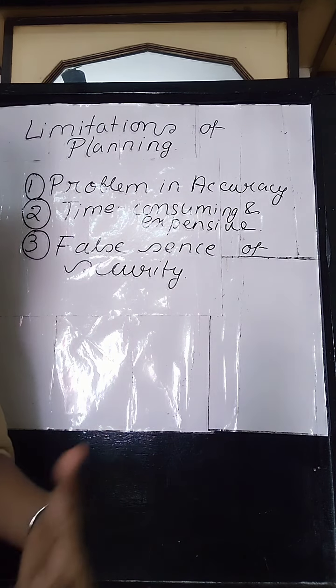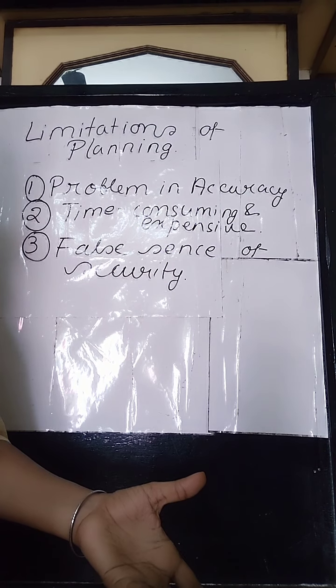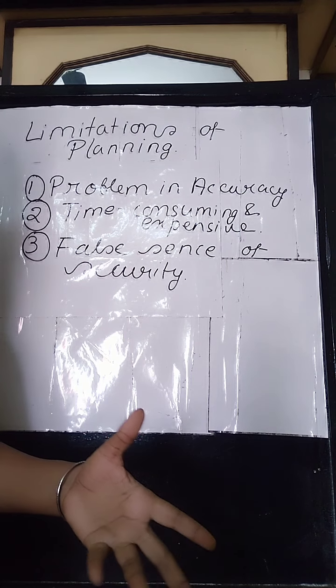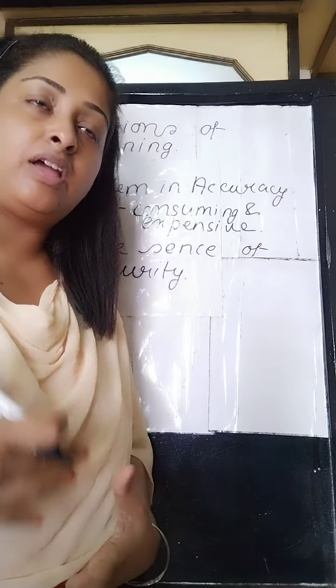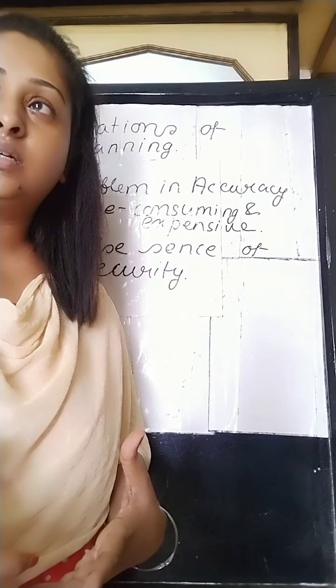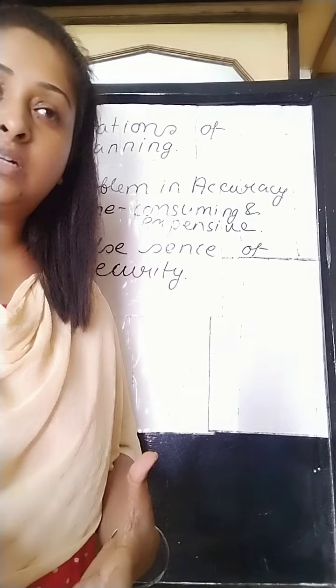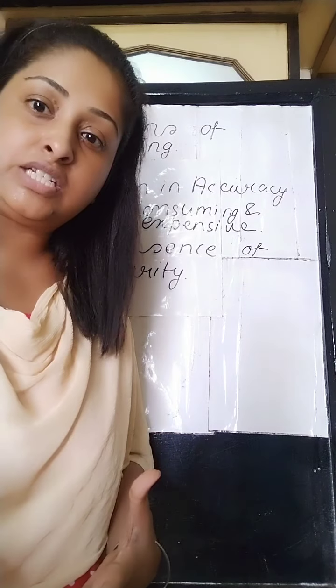As a result, managers are more concerned about the fulfillment of specific plans rather than improving their performance. They know that if a proper plan is there, everything will result fine, but they don't put much effort on the authenticity of the plan or on the rationality of the plan.